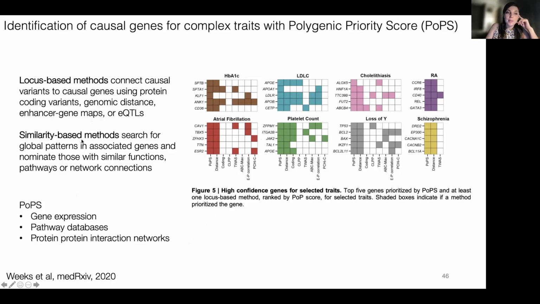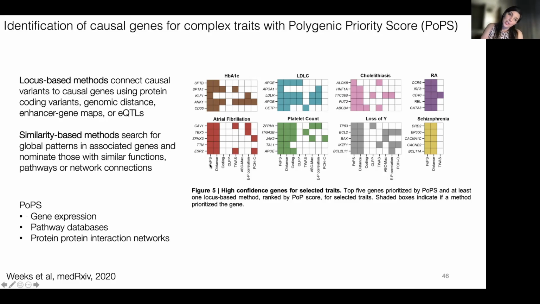And then there's also similarity-based methods that look for patterns in associated genes and then nominate other genes that have similar functions or pathways or networks. So POPS is a software that allows you to use gene expression, pathway databases, and protein-protein interaction networks to find high confidence genes that are your causal genes.